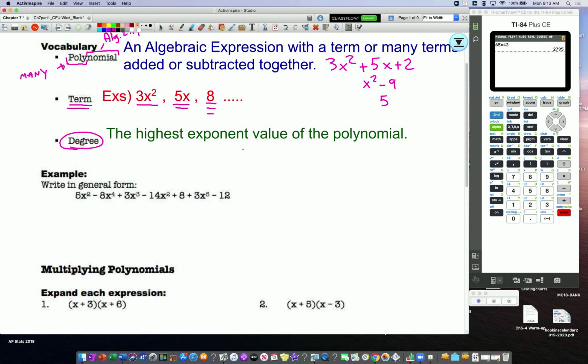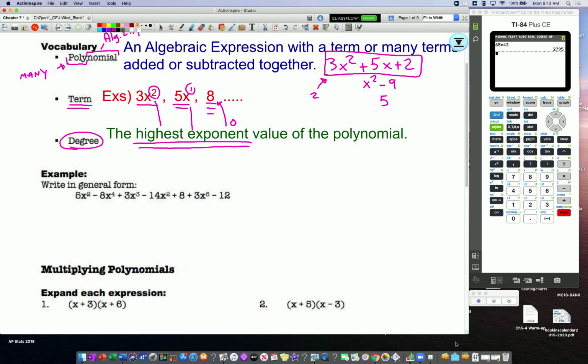The degree is the highest exponent value of a polynomial. So this term here is a degree 2. This term here would be a degree 1. This one here doesn't have any x's, so it would be a degree 0.